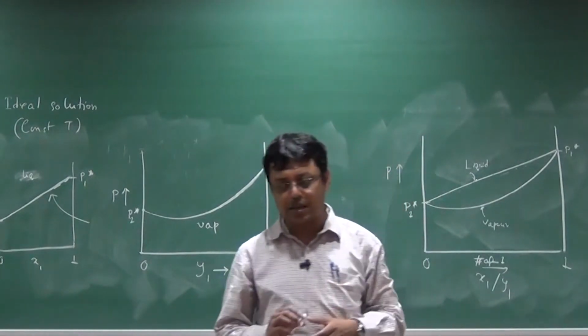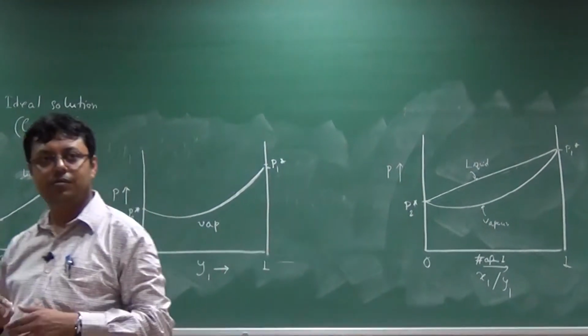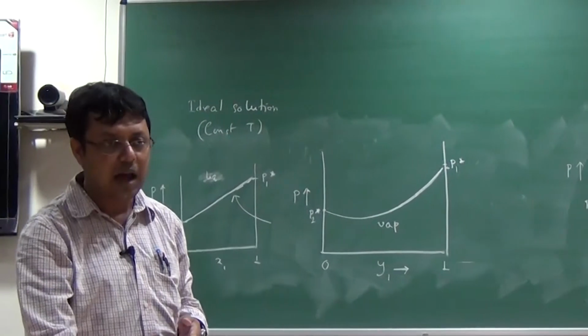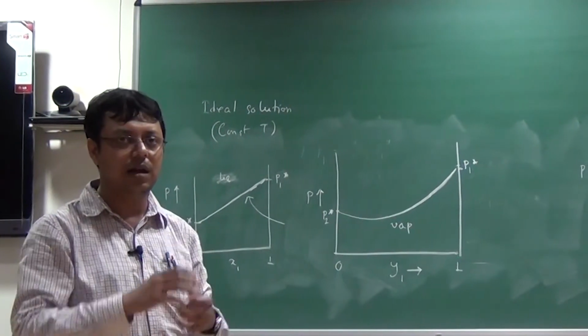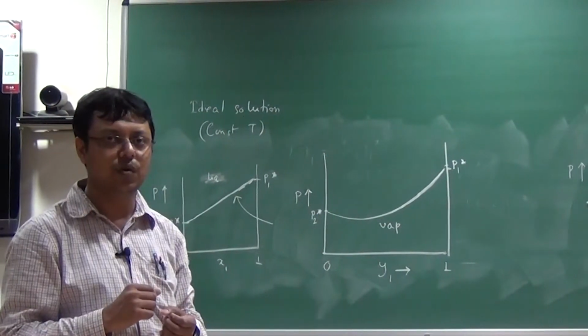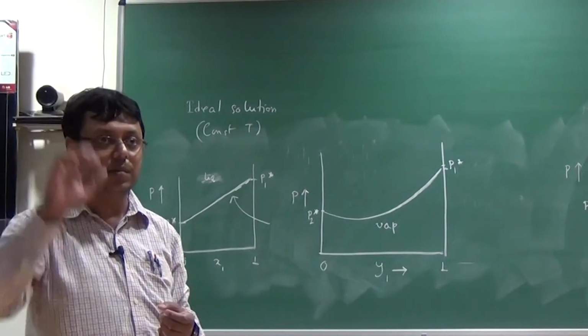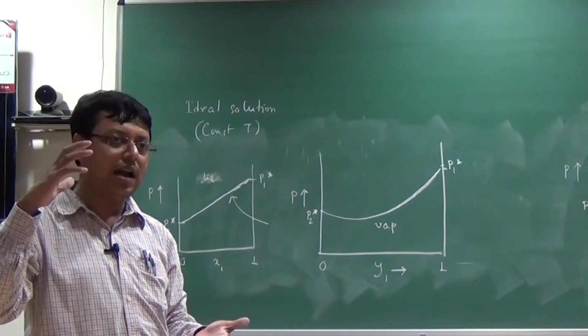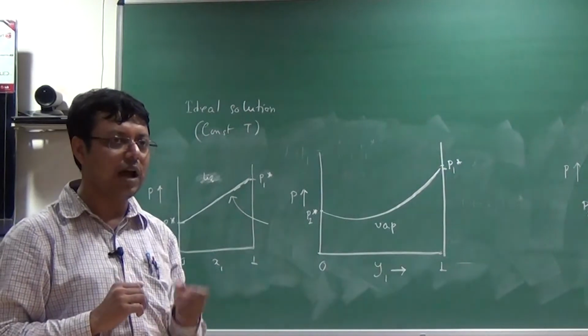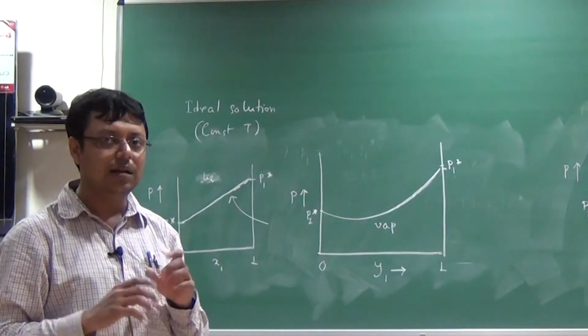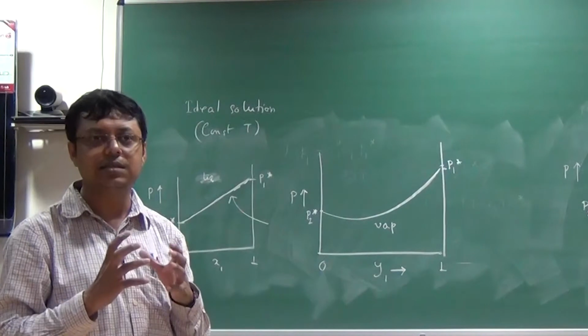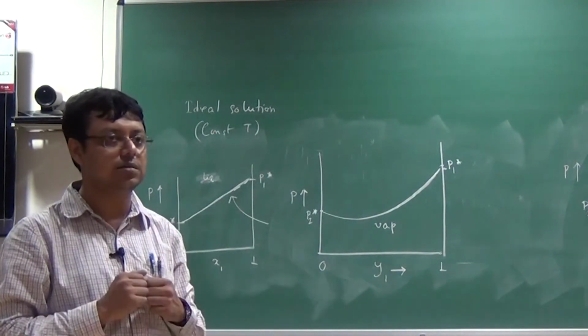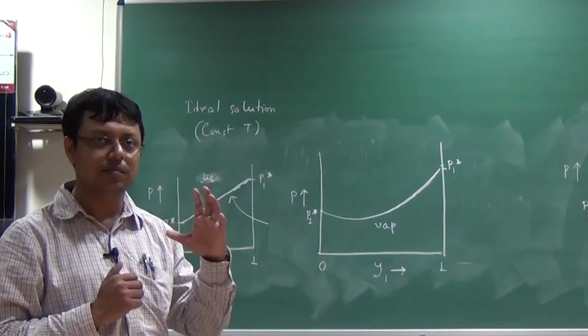So what I'm trying to say is, physically try to think about it. I have an interface, I have a liquid, I have a vapor, and I'm looking at the total pressure. If I had huge pressure, I'd expect that the system exists as one phase, which is the liquid phase. That will be one extreme.